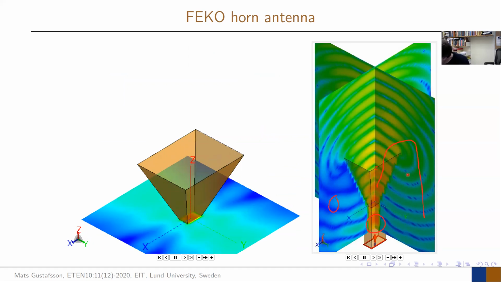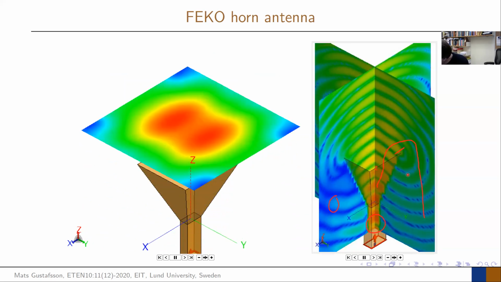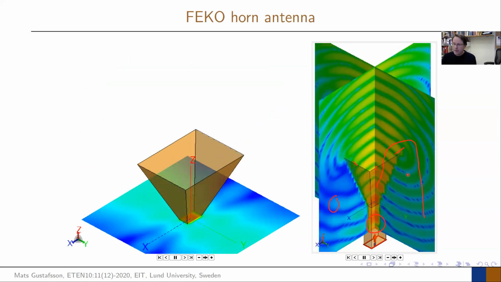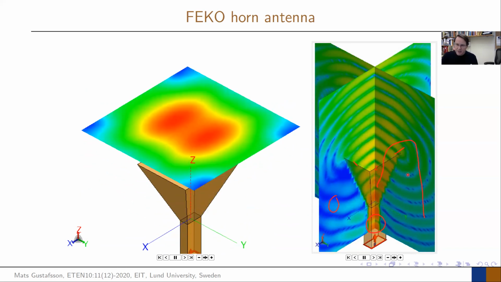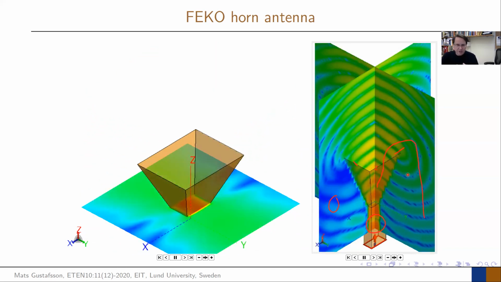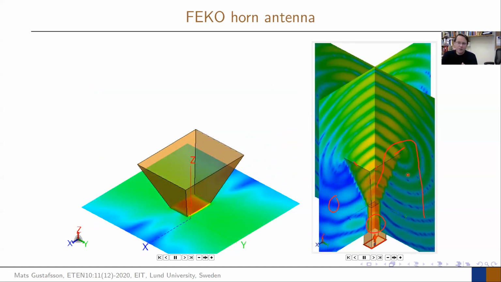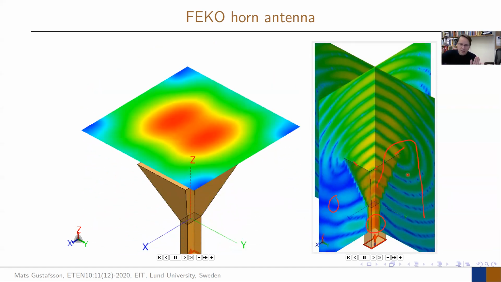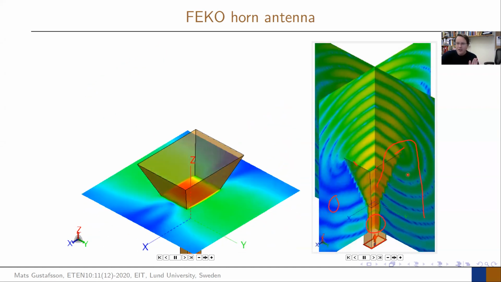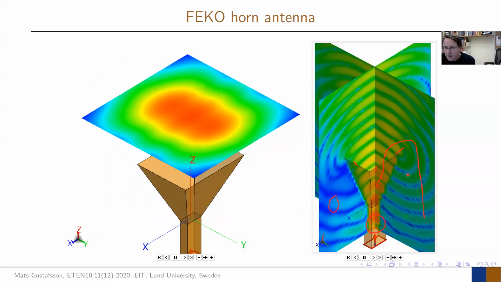And you can also see that the field is stronger on this edge than it is on this edge. And that means that the tapering inside of this aperture is actually different. It's not constant. It's constant in one side, but not along the other direction. It's like a cosine shape in one, and it's a constant in the other one.